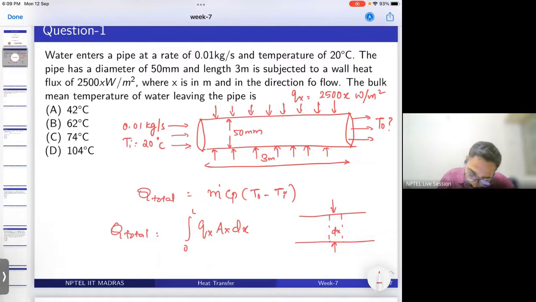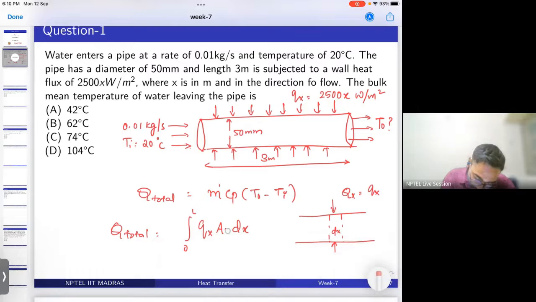The heat transferred, dQ, is equal to the heat flux times the area, and the perimeter is constant.